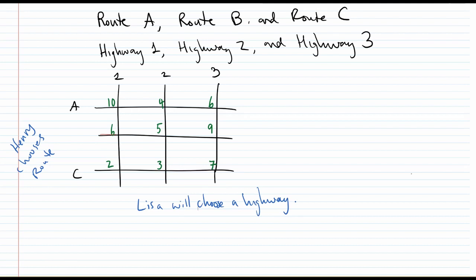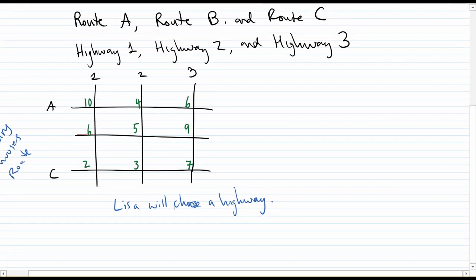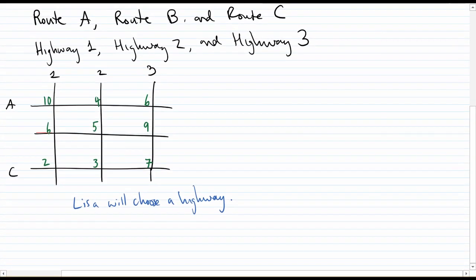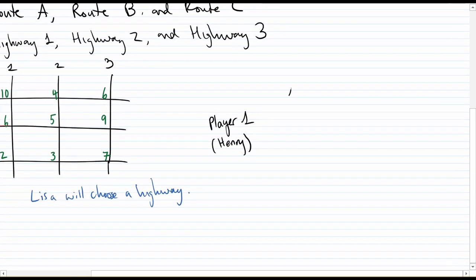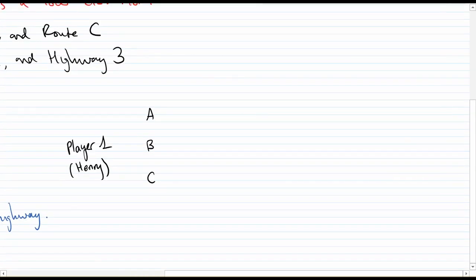Well, to analyze this, you can see it's actually already kind of a game matrix. So let's just make that official. We'll have player 1, Henry, and he chooses between routes A, B, and C. And we have player 2, Lisa, who chooses between highways 1, 2, and 3.